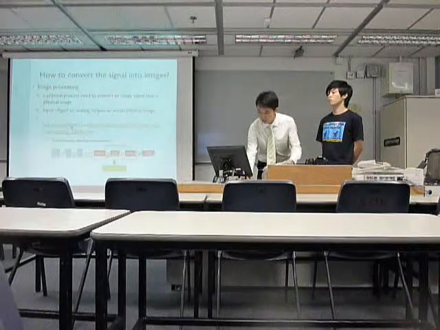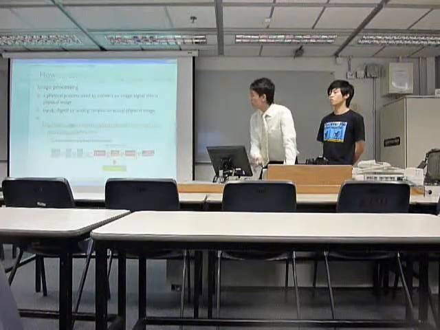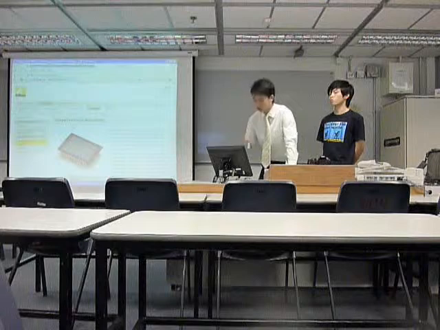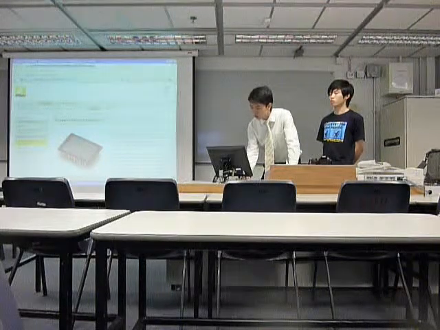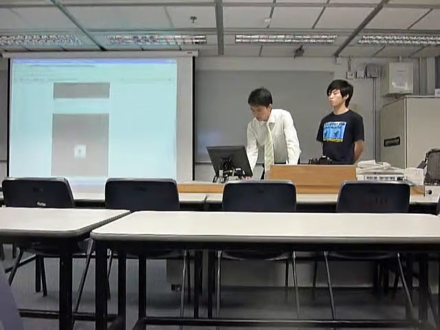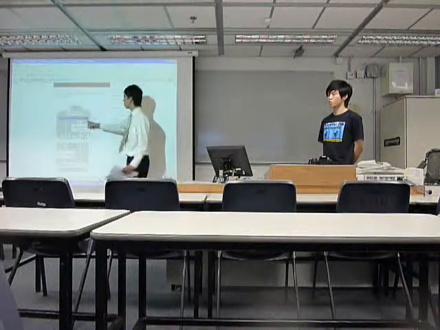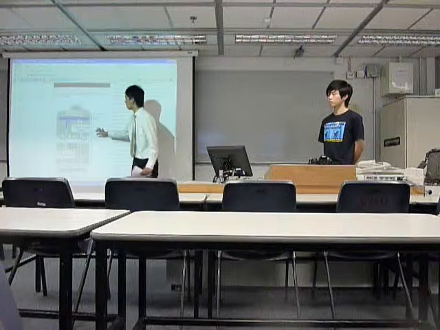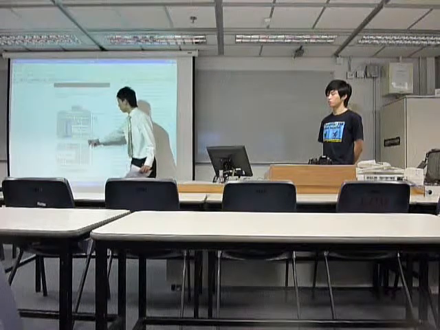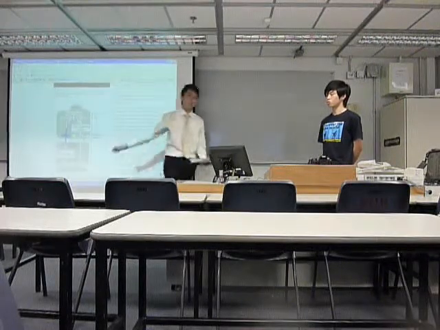We can show you the other pictures, the overall process, like that. Recorded, converted to a digital format, or changed to JPEG, and you can edit it in a computer.